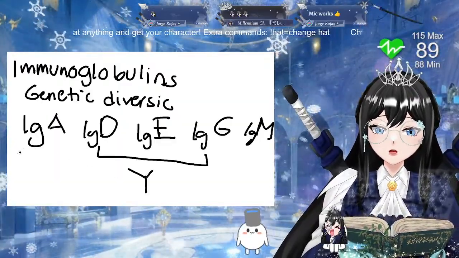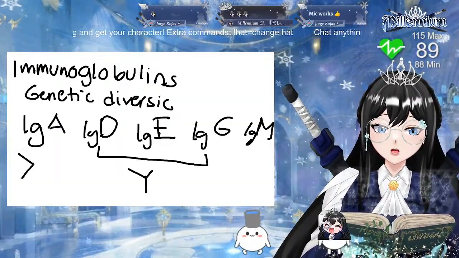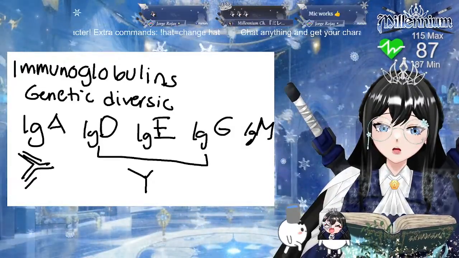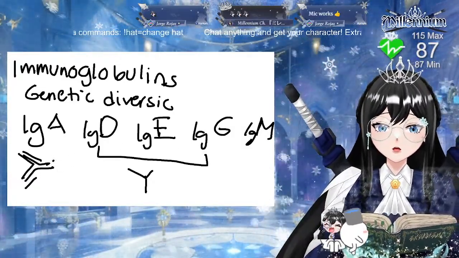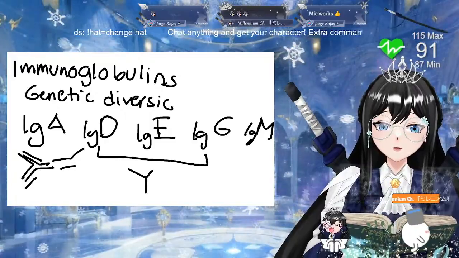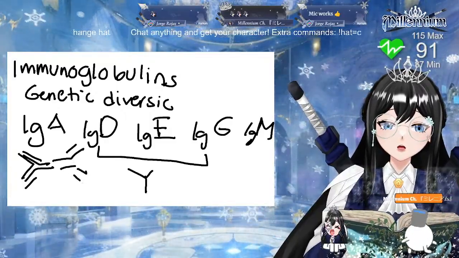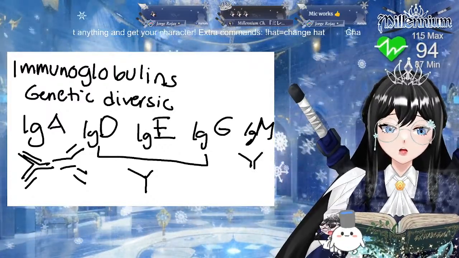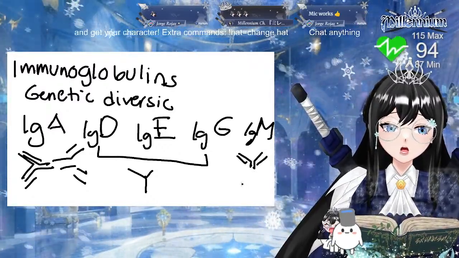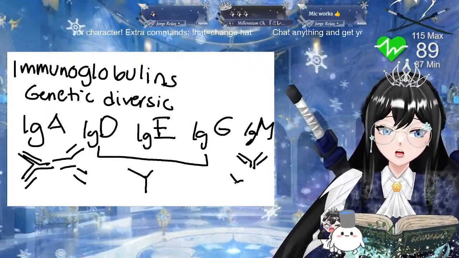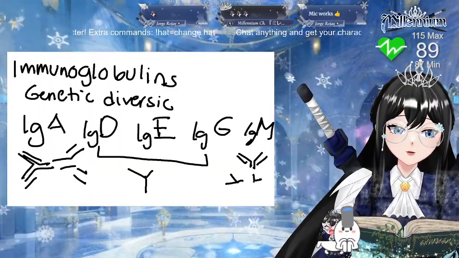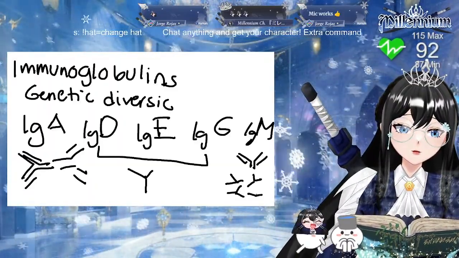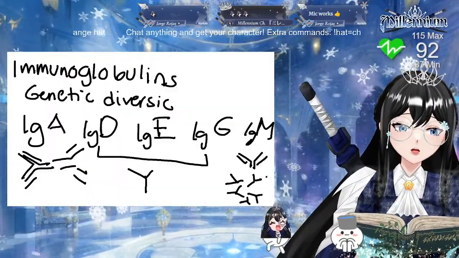The A is usually a dimer, meaning 2 of them together, like that. And then M is single if it's at the surface, but normally it's a pentamer, 5 Ys. 1, 2, 3, 4, 5. This is the biggest one.